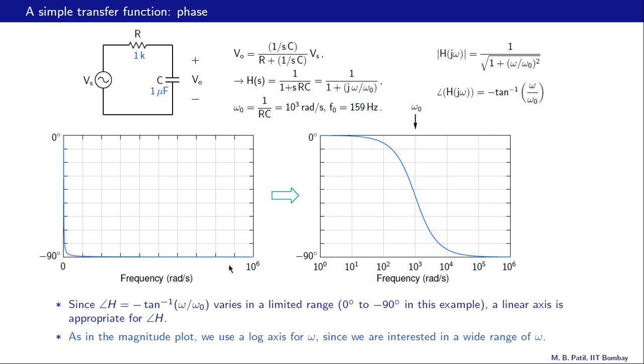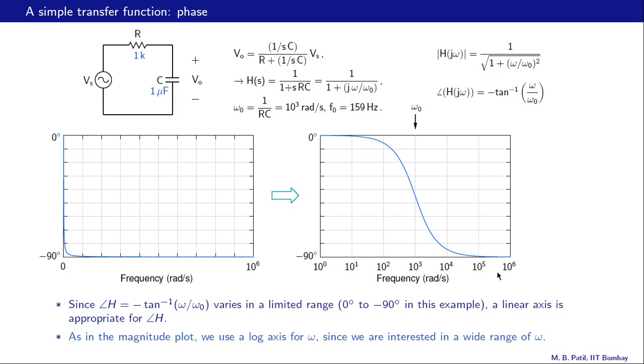And as we saw in the magnitude case, this plot is also not very useful because the low frequencies have got highly compressed here, and we really can't tell the difference between 10 raised to 2 radians per second and 10 raised to 3 radians per second, for example. And to solve that problem, what we can do is to use a logarithmic frequency axis, and that is what we have done here.